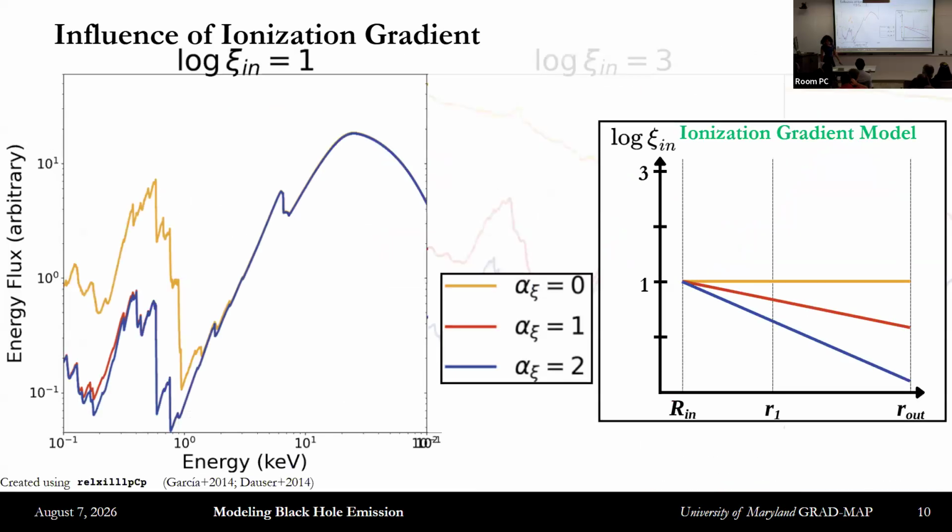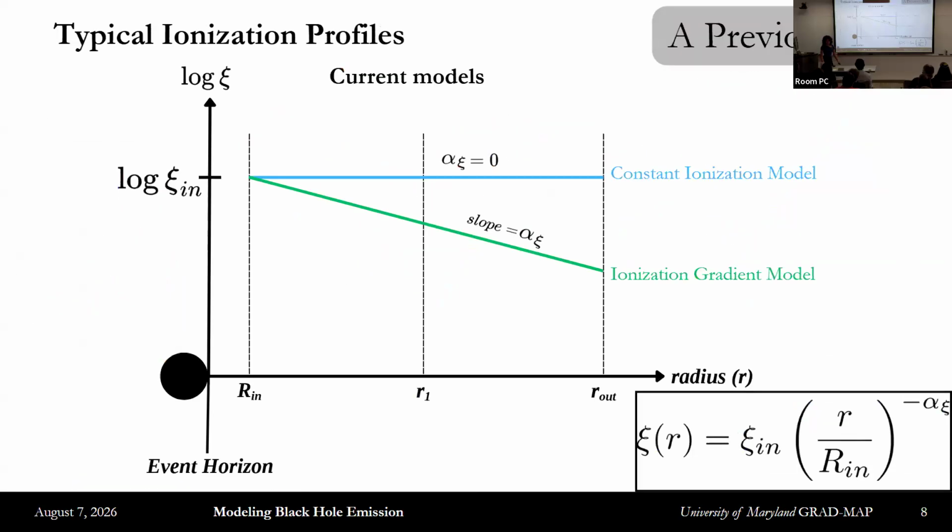In the left panel, where the starting ionization is already low, there's less change to the spectrum when increasing the alpha Z index, as the whole disk is already fairly neutral. The extreme changes between a constant model and the more realistic gradient model reveal the importance of accurately modeling ionization across the disk.